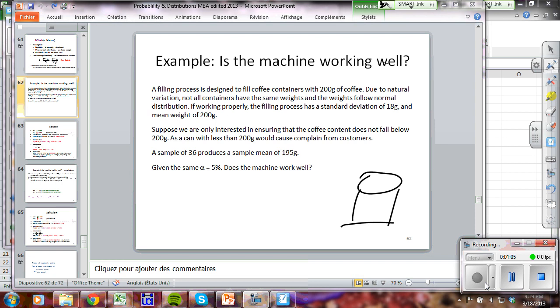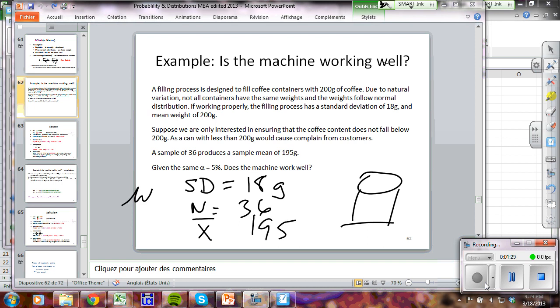So let's talk about this. We've got a standard deviation equals 18 grams. We have an N equals 36, a sample mean of 195, and a mu, or population mean, that should be 200.